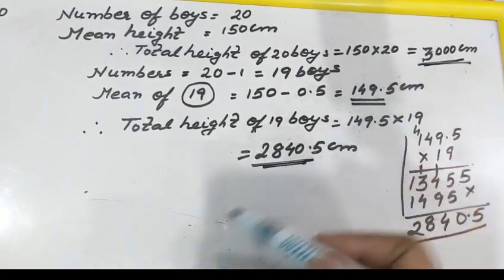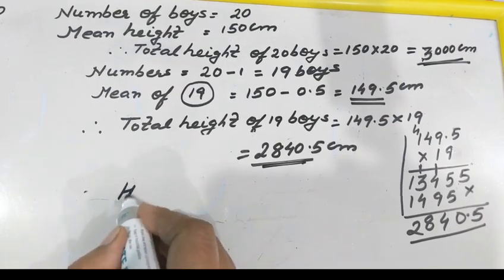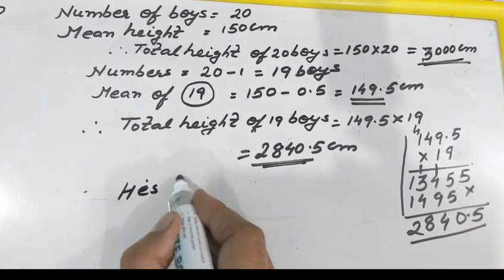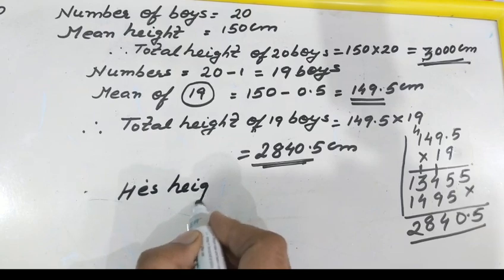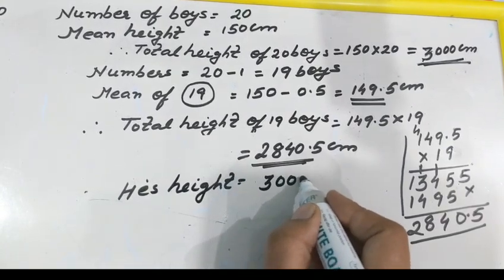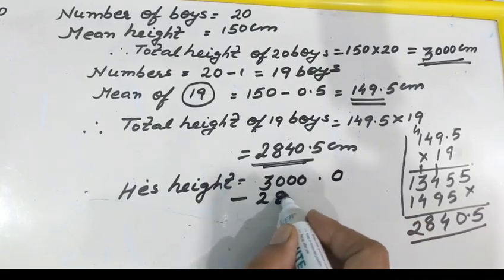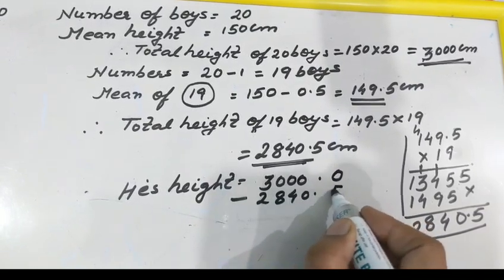So the difference of the two is the height of the boy who left the class. So let's find his height. His height equals 3000.0 minus 2840.5.